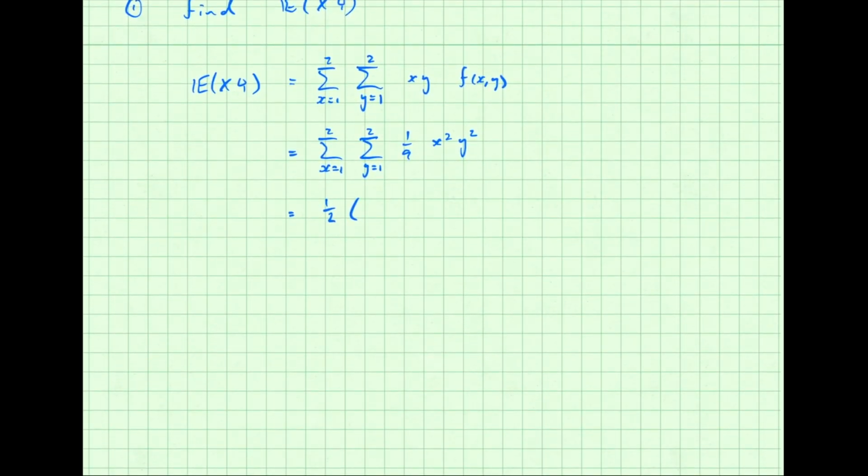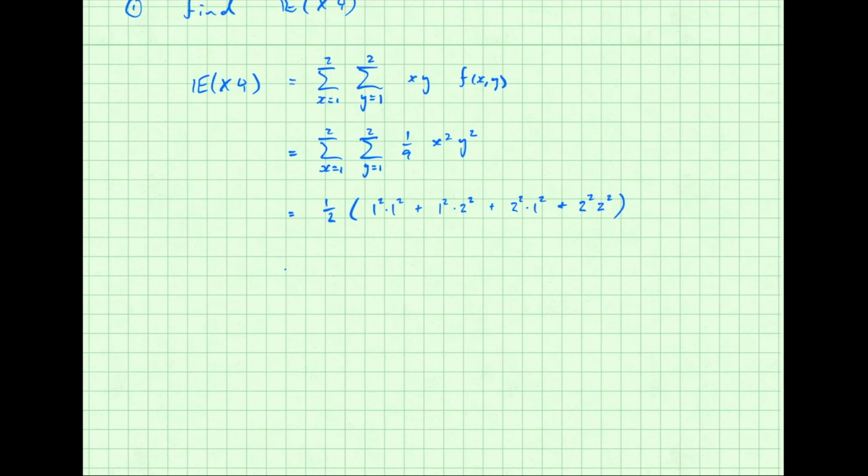So at row 1, column 1, x is 1, y is 1. This is 1. So let's just write it out. 1 squared times 1 squared plus 1 squared times 2 squared plus 2 squared times 1 squared, and then plus 2 squared times 2 squared.